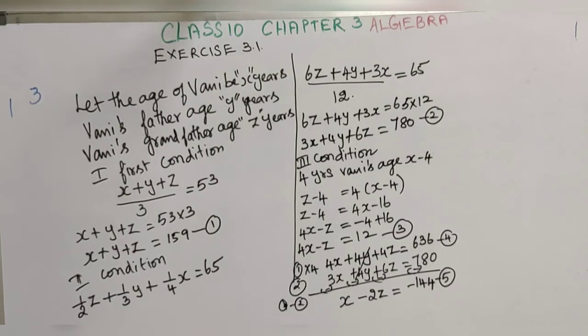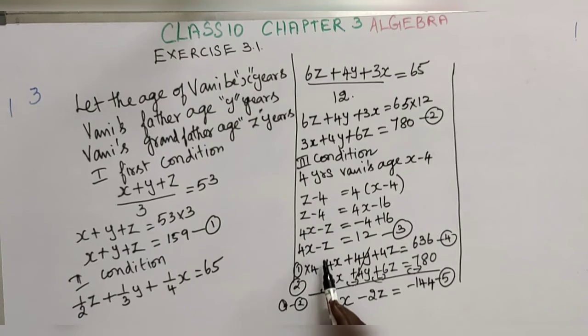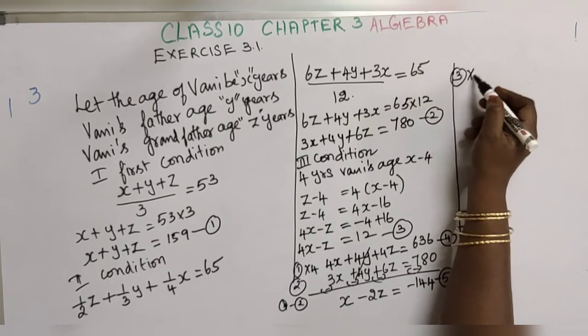Now we have to solve 3 and 5. We have to eliminate any one of the variables. Here the coefficient of z is minus 2, and here the coefficient of z is minus 1. So multiply the third equation by 2.